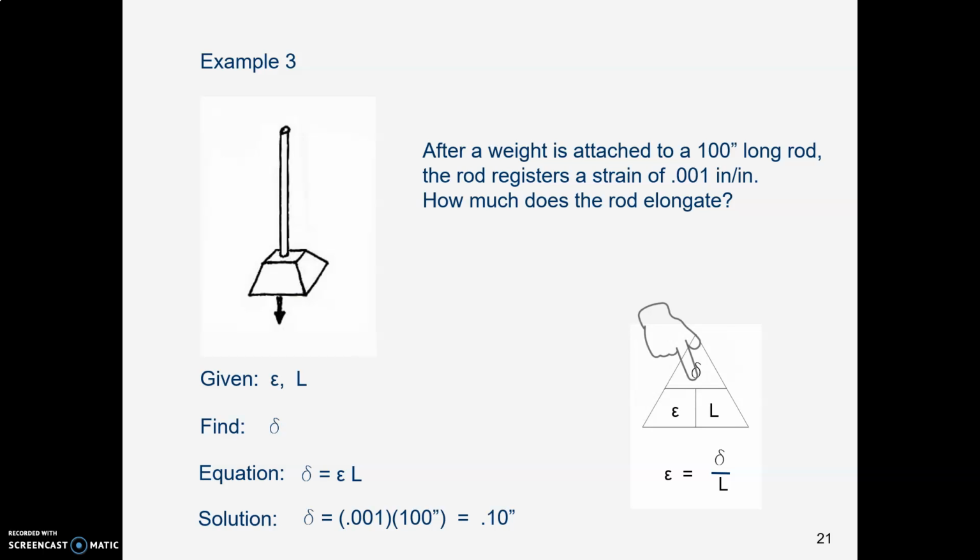So the deformation is 0.1 of an inch, or 1/10 of an inch. Notice that this does have units. This is in inches because we had strain with no units times length that did have inches, so we come out with inches. And deformation is a length, so of course it would be in inches.